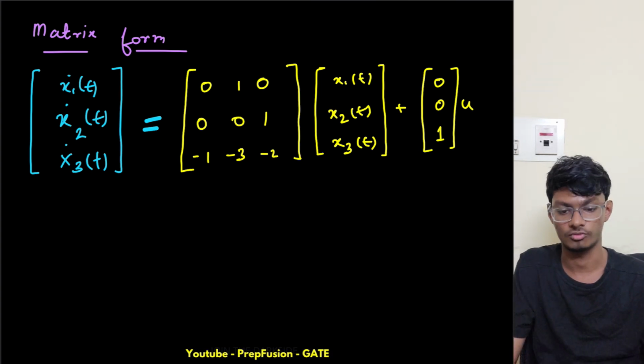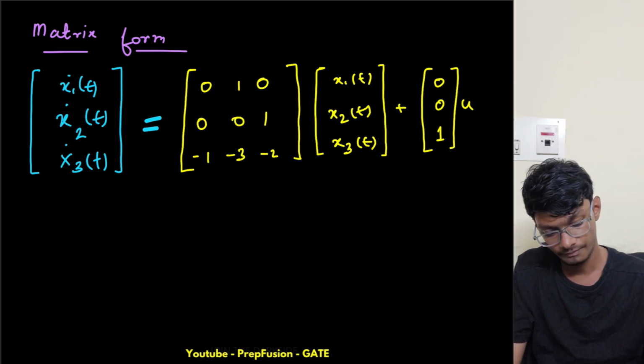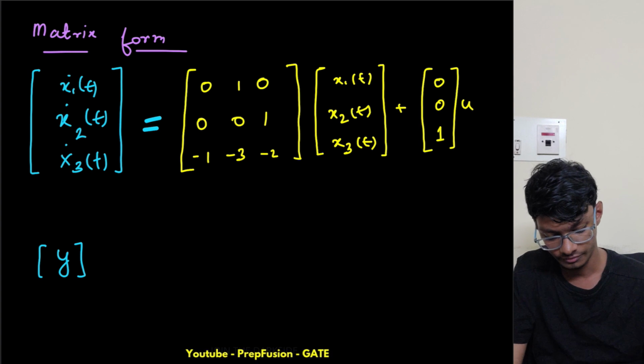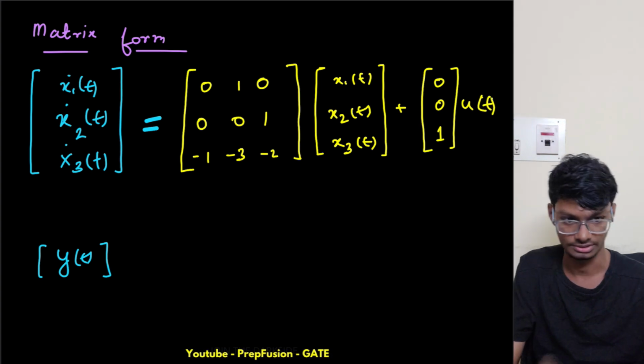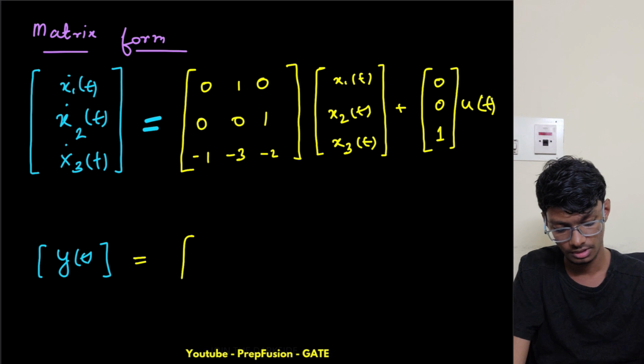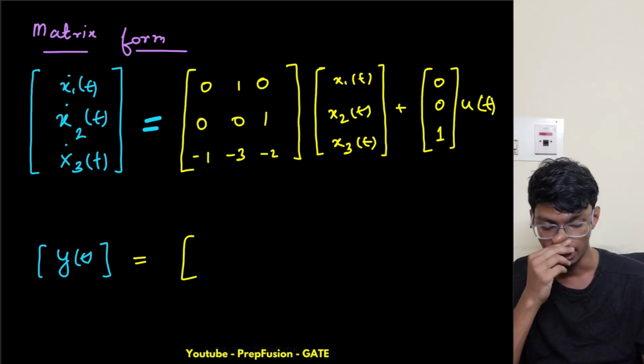Let me write the output form also. This will be y of t, basically. I can write this as u of t for better understanding. Now the output matrix will be a row matrix, and what will it be?